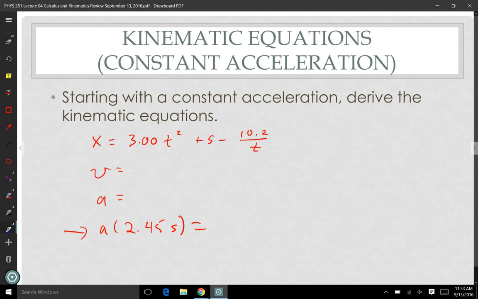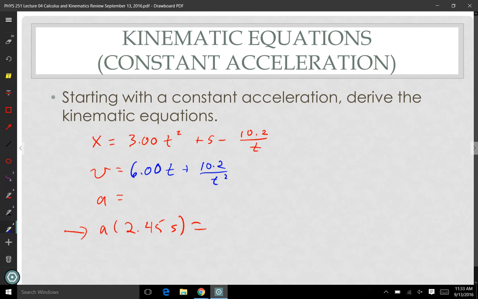So taking the derivative, 2 times 3 is 6. Derivative of the constant is 0. And then the derivative of 10.2 over t is going to be, change it from a minus to a plus, 10.2 over t squared.